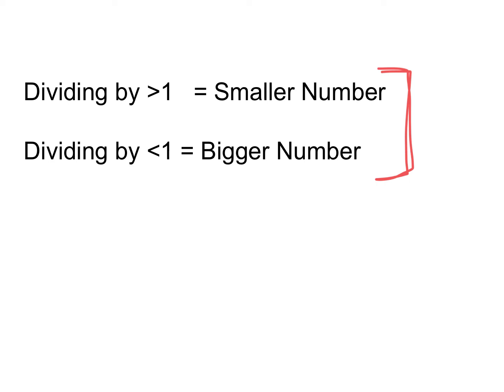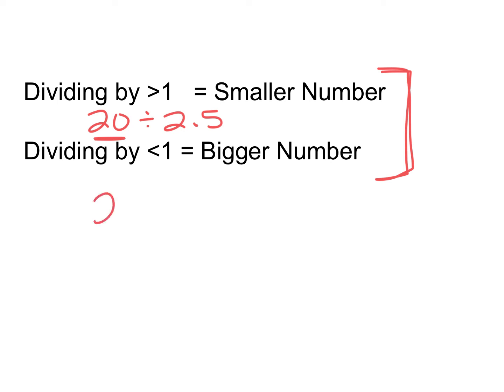If you are dividing by a number that is greater than 1, your answer is going to end up being smaller. So what I mean by this would be something like 20 divided by 2 and 5/10. Your answer is going to be smaller than what you started with. If you are dividing by something that is less than 1, you're going to end up with a bigger number.